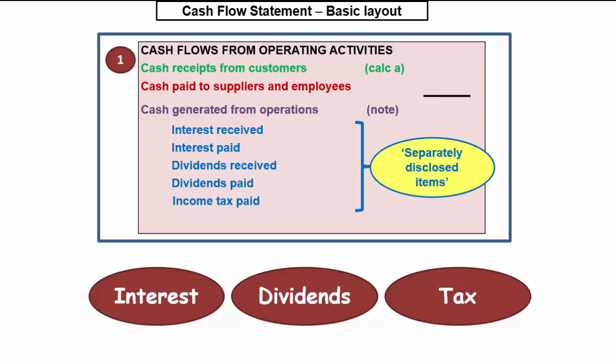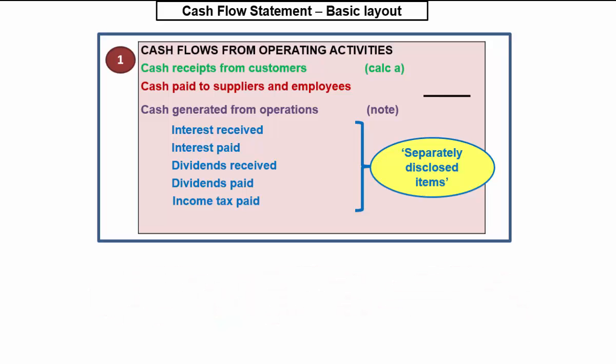All items to do with interest, dividends, and tax must be disclosed separately, and therefore they will not be included in the top two sections, the green or the red line, the cash received from our customers or the cash paid to my suppliers and employees. And that gives you the total of that first section.